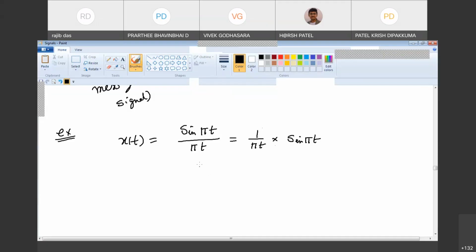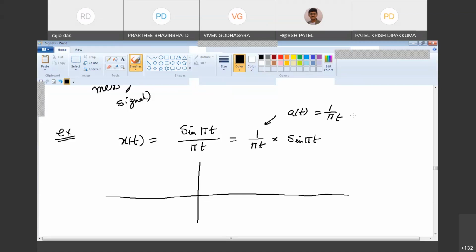So first I need to draw 1 upon pi t. So who can draw 1 upon pi t? In this example, this is nothing but your envelope A of t equals 1 upon pi t. So can you draw? What is this function?